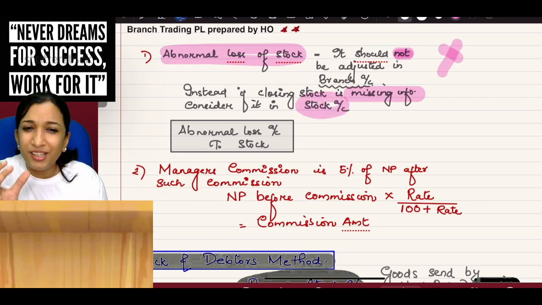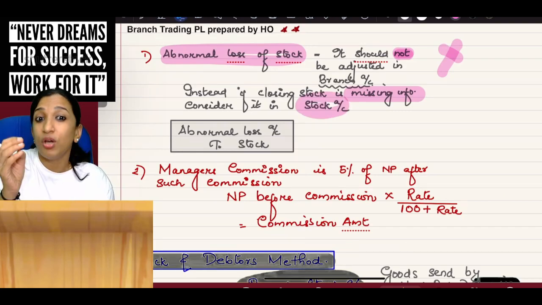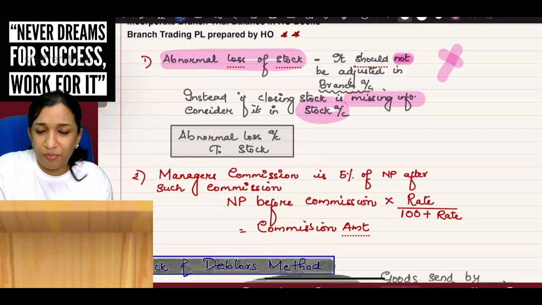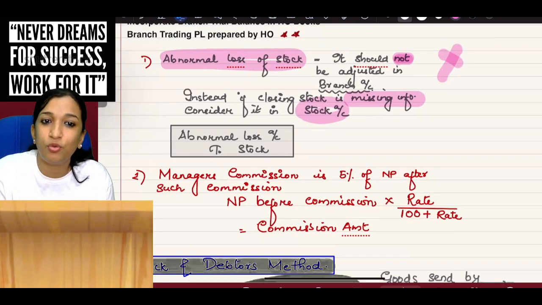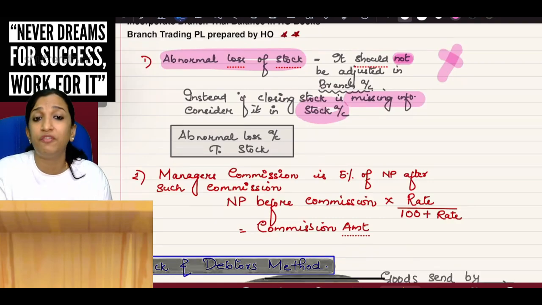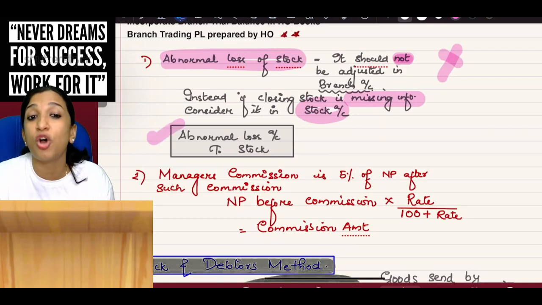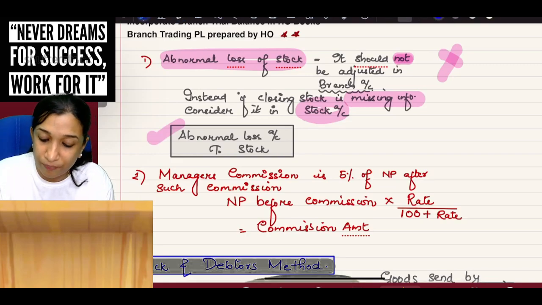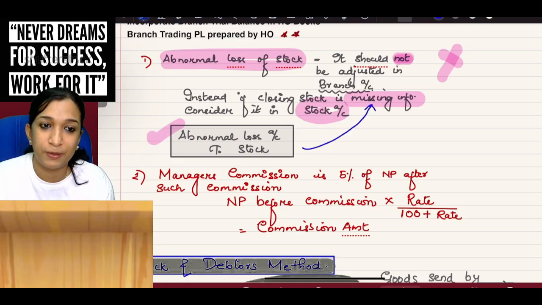See, in branch account, by balance carry down, we need closing stock. So if closing stock is a missing information and we need to find out closing stock, then we use that abnormal loss information. Otherwise, abnormal loss will not reflect in branch account. So this is the entry you will pass in the stock account to find the closing stock. If you need to find closing stock, I'll pass abnormal loss.